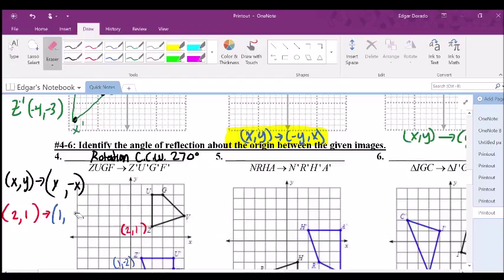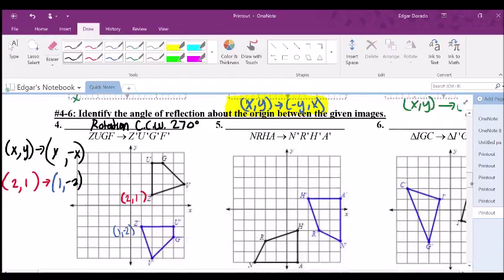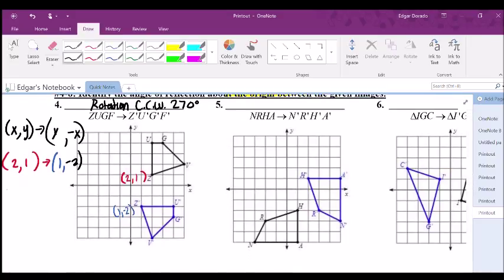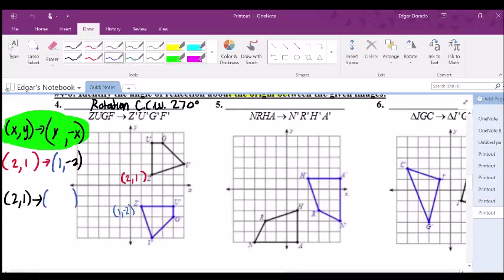Okay, again, if you're not convinced, guys, try it out. If you're just given a regular (2, 1), you have to rotate it according to this rule. Then let's see what we get. Well, my x turns into a negative and then it flips and switches spots with the y.